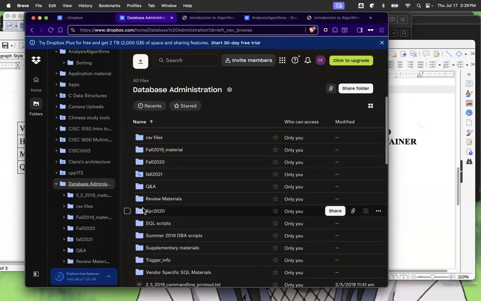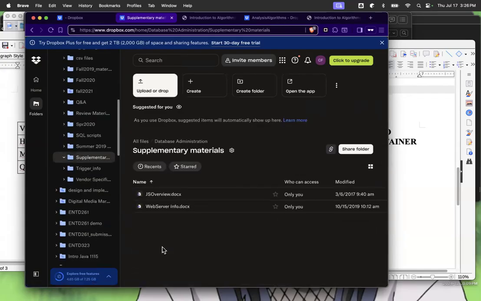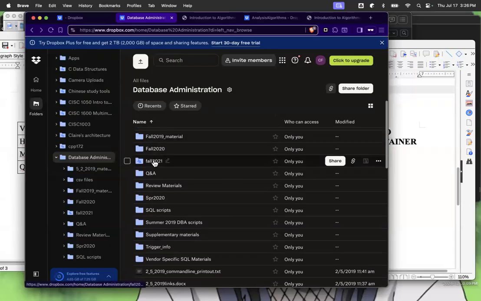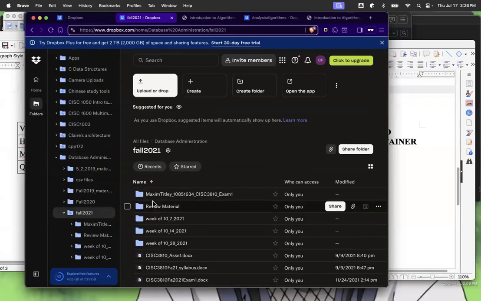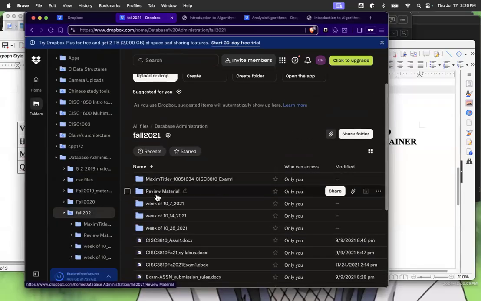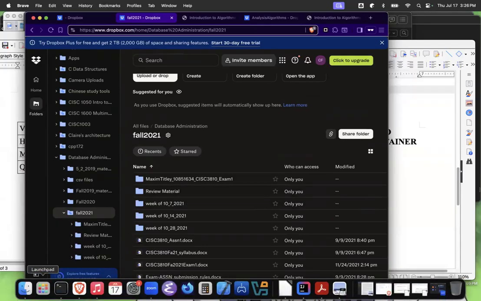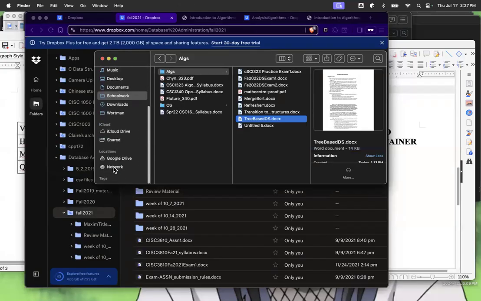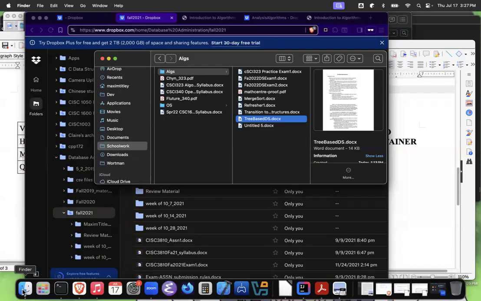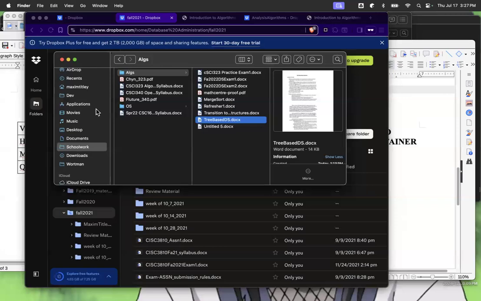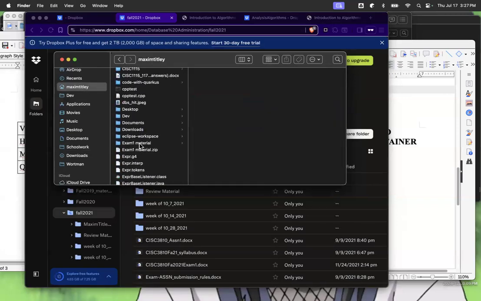And this for database administration. And let's see, maybe I should show you using my stuff on, wait, I think I might have it on my actual machine. Let me see if I have it on my machine.